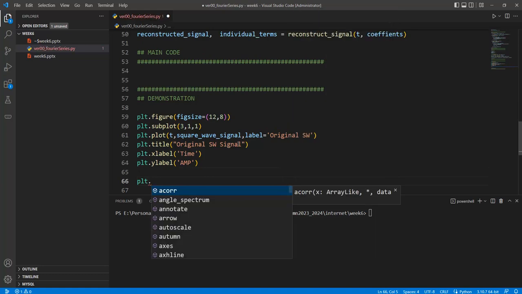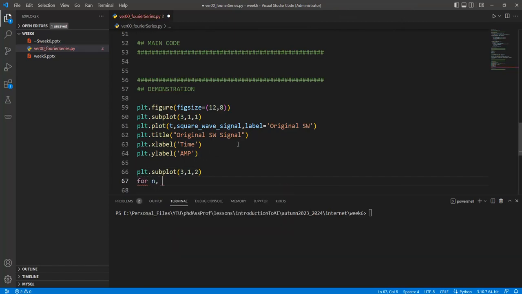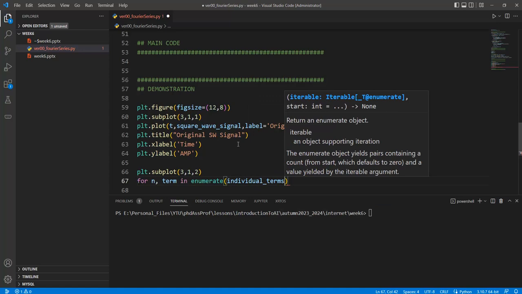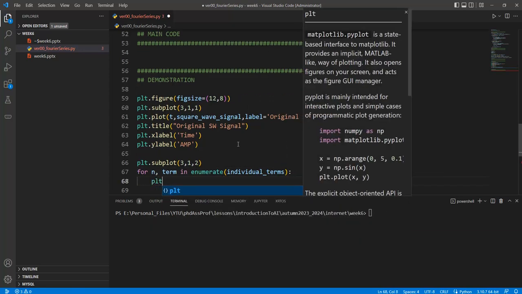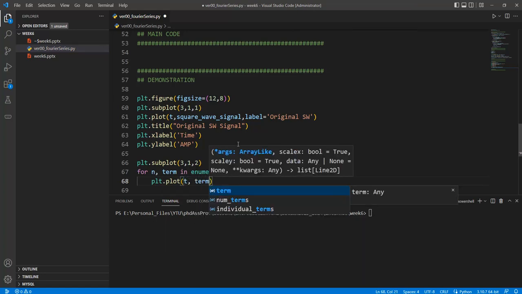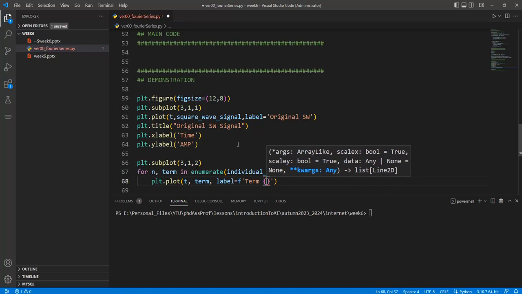So plt subplot 3, 1, 2 and enumerate the individual terms like this one, and so in each case plt plot T and term is given in here like this one, the label of F and n plus 1.